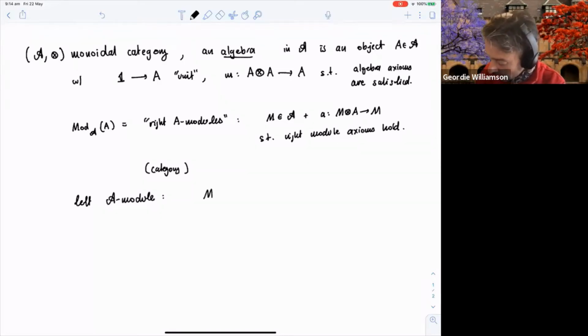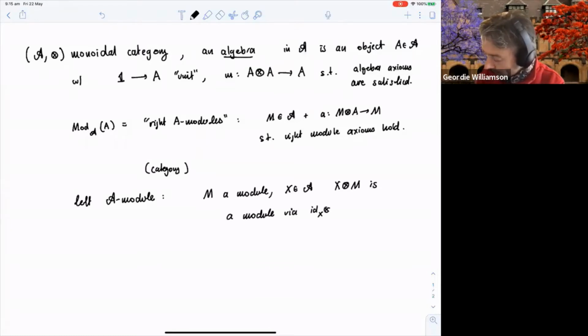Given M a module, and X in the monoidal category, then X tensor M is a module via the identity of X tensor the action map on M.